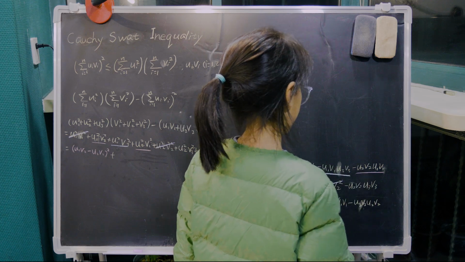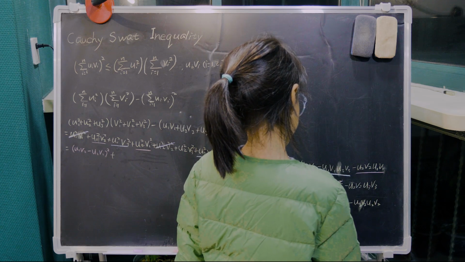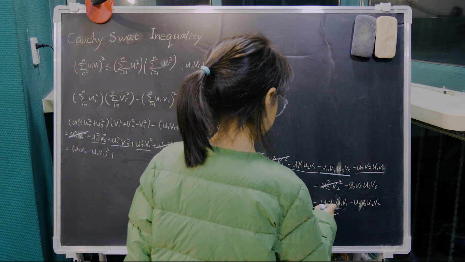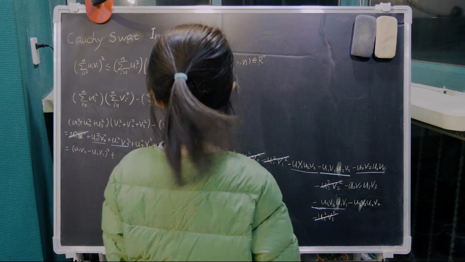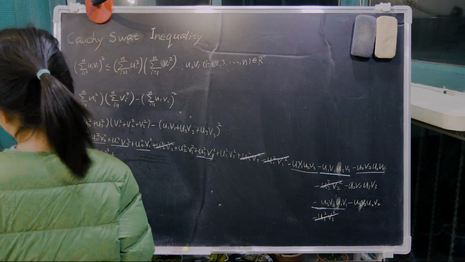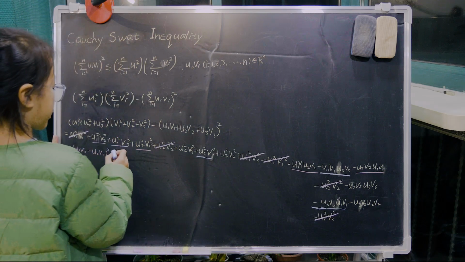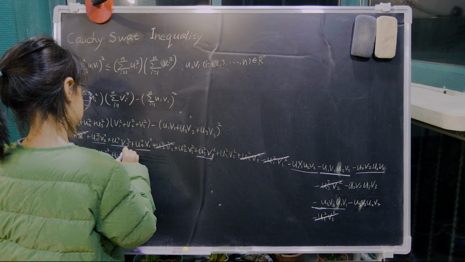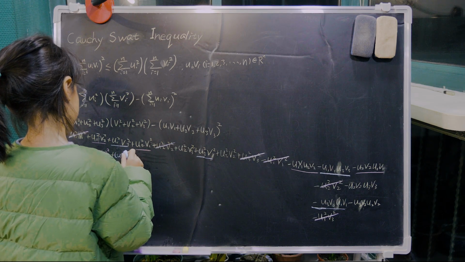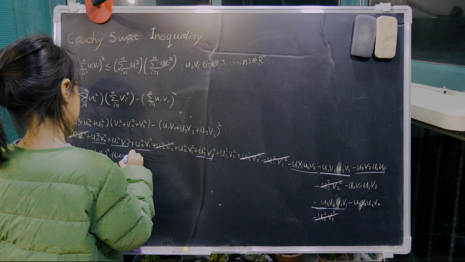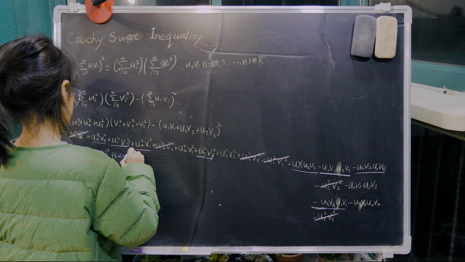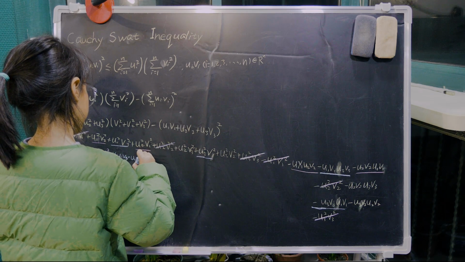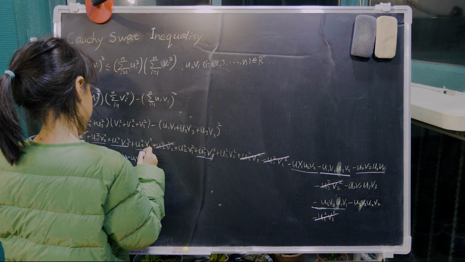Right. Okay. Where's 3, 1? Okay, next step. I don't talk about why because you understand. Very perfect. So this is u1 v3 minus u3 v1, bracket squared.